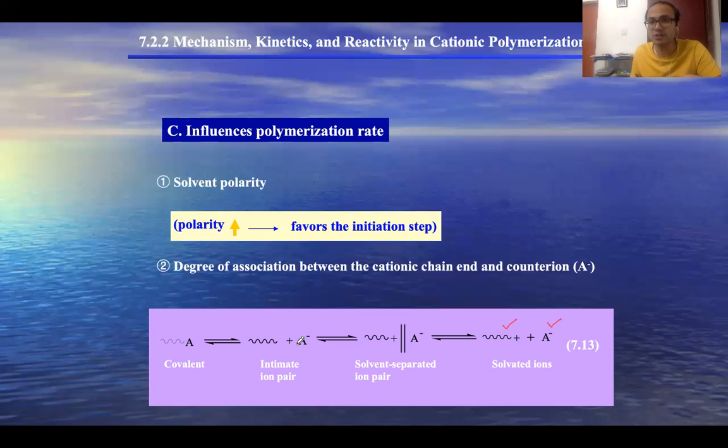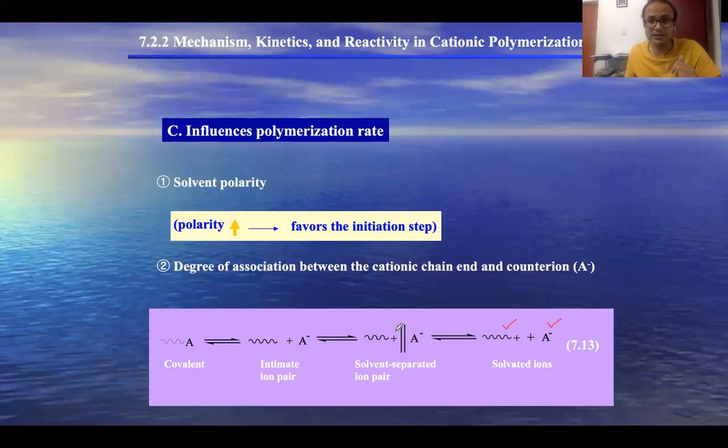Chlorinated solvents are less solvating but highly polar. Such solvents can help in separating the intimate ion pair because of their polarity. They hinder the interaction of the propagating cation with the counter ion, thereby freeing the carbocation enough to attack a monomer.